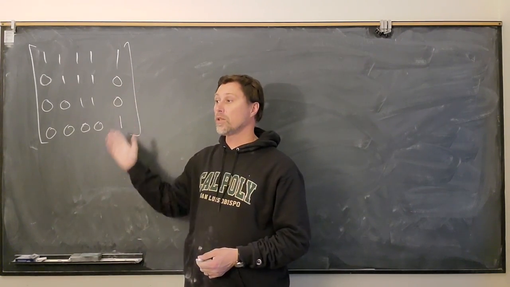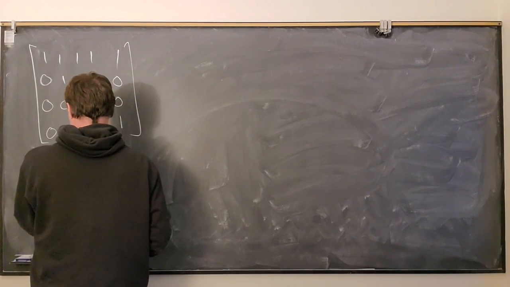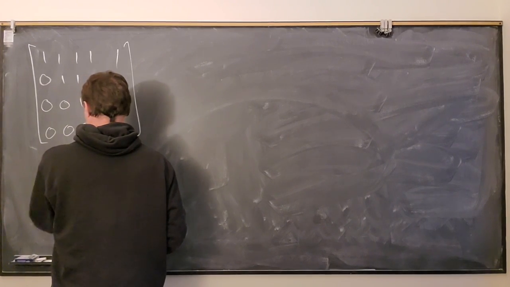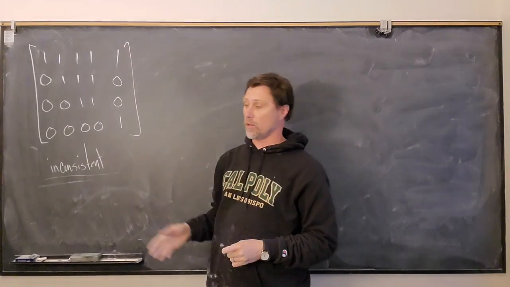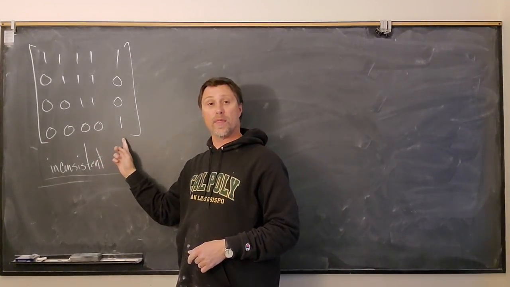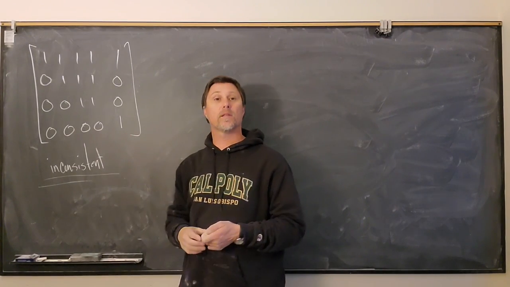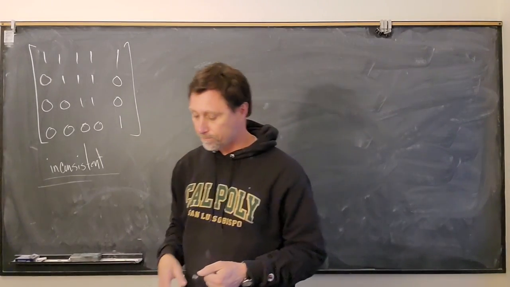There are no solutions. This is an inconsistent system. And in fact, that's going to be true in general. If you have an augmented matrix that has all zeros except a 1 in the last entry, that's going to tell us that there are no solutions. It's impossible, so we have an inconsistent system.